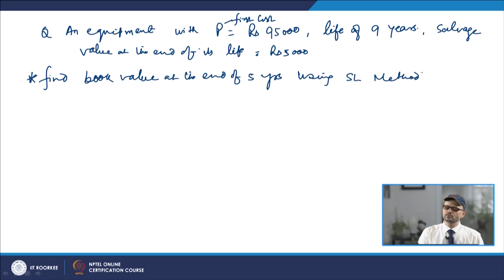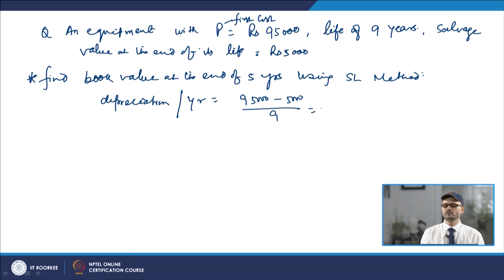In the straight line method, the amount of depreciation every year will be constant. So the depreciation per year will be 95,000 minus 5,000 divided by 9, which is rupees 10,000.